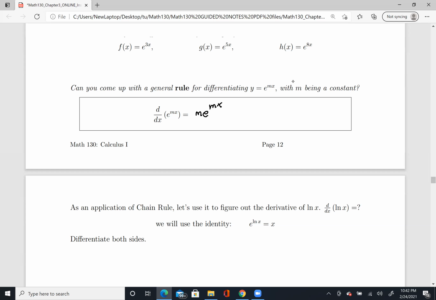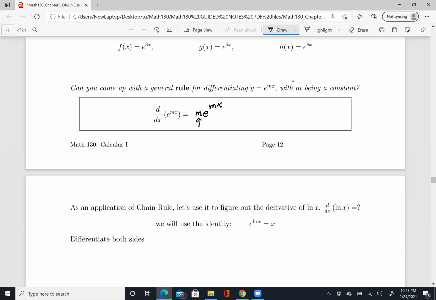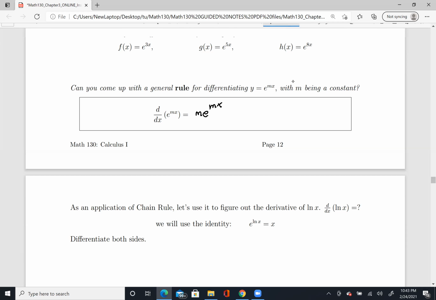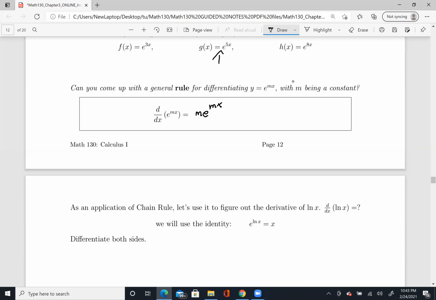Because when you take the derivative of e to the mx, it is e to the mx multiplied by the derivative of mx, and the derivative of mx is m. So that's the reason you have m times e to the mx. You can check that later on with some examples above.